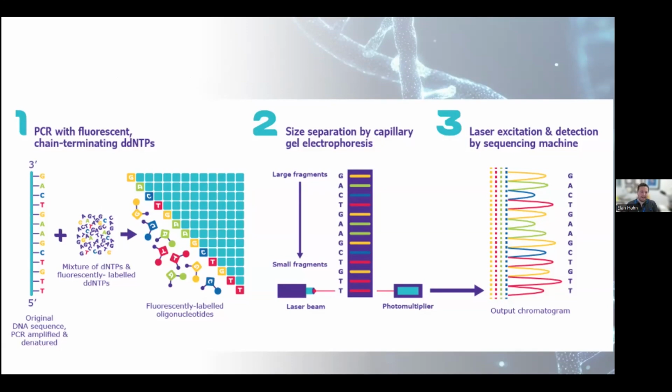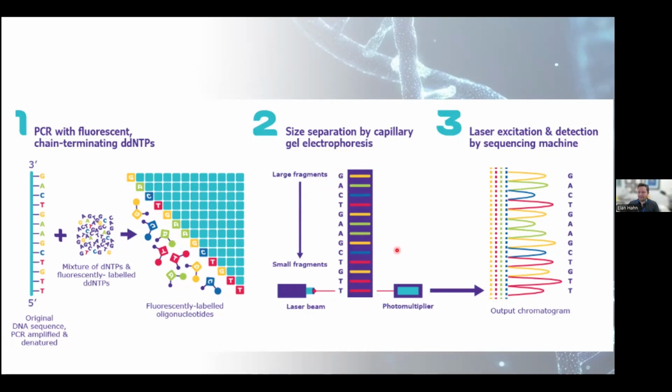And each of these terminating strands will have one of those fluorescently labeled ddNTPs at the end of it. So we're generating fragments of different lengths, each labeled with a terminating fluorescently labeled ddNTP. And by running these on electrophoresis, we're able to determine the sequence.